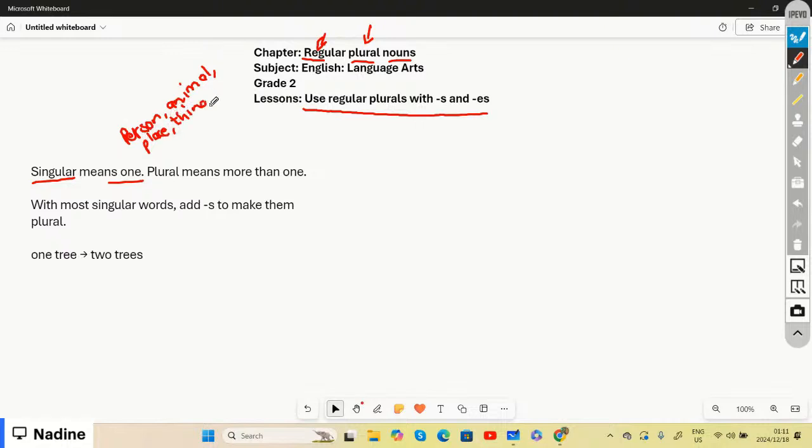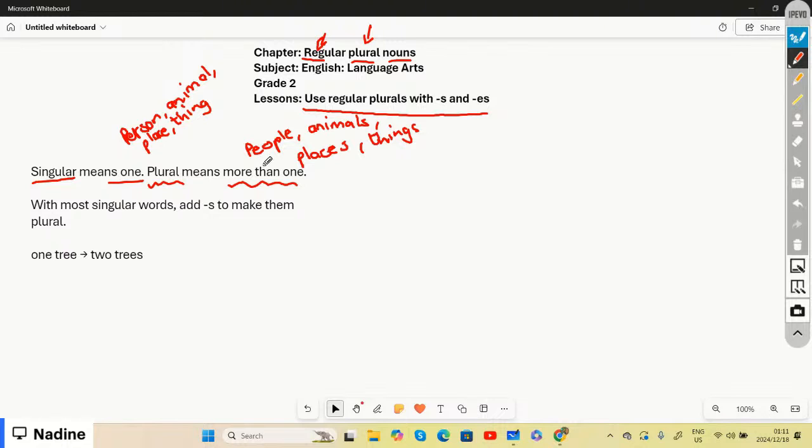And then we have plural. Plural means more than one. It's anything that is two or more, which means that it is two or more people, animals, you see, I'm writing it in the plural form, places by adding an s, or things.